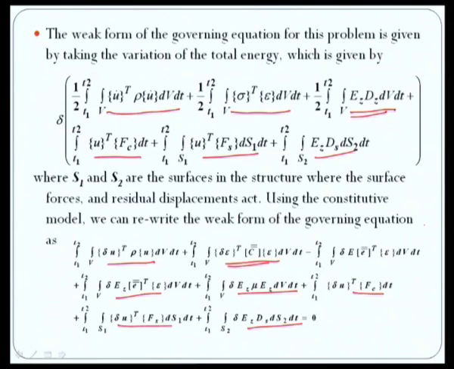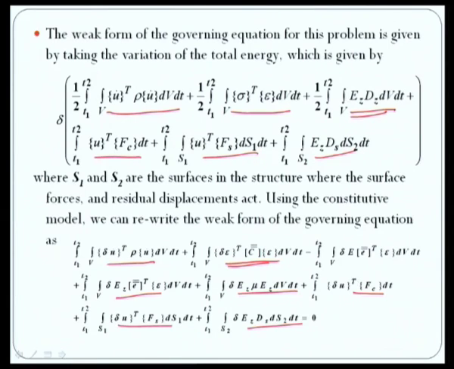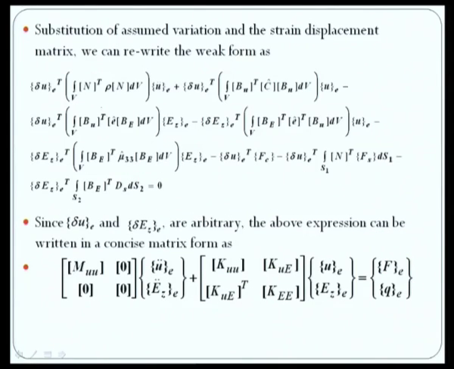Once we group these together, we can substitute the variations u equal to Ni ui, w equal to Ni wi, and E equal to Ni into Ei. When we substitute this into the equation and write it in matrix form, this is the mass matrix, and this is the matrix corresponding to the mechanical degrees of freedom, which we call KUU.